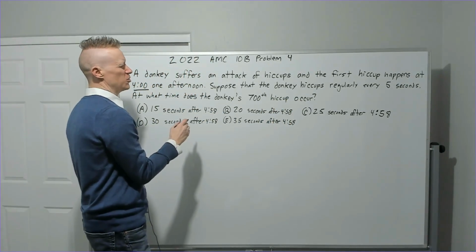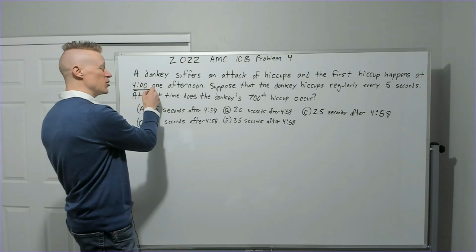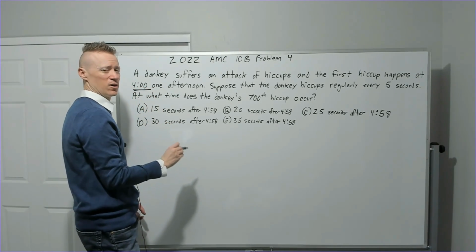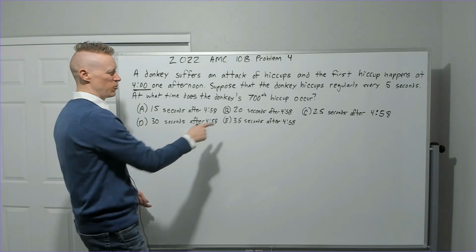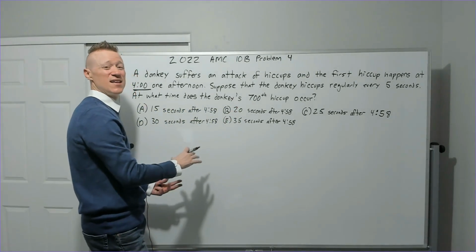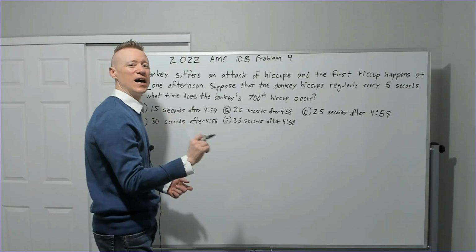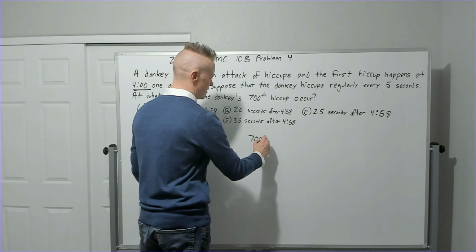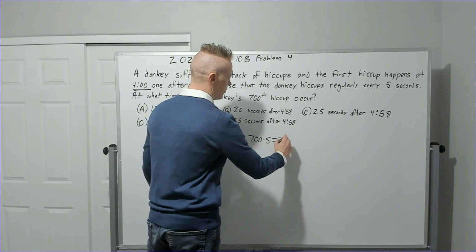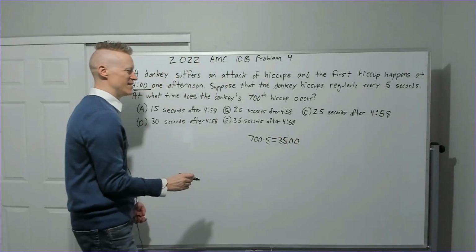Okay, so keep in mind this is the first hiccup at 4 o'clock. Let's just pretend we didn't know that for a second. If we're going to have 700 hiccups, let's say there were 700 5-second intervals. You would be at 700 times 5 equals 3,500 seconds.